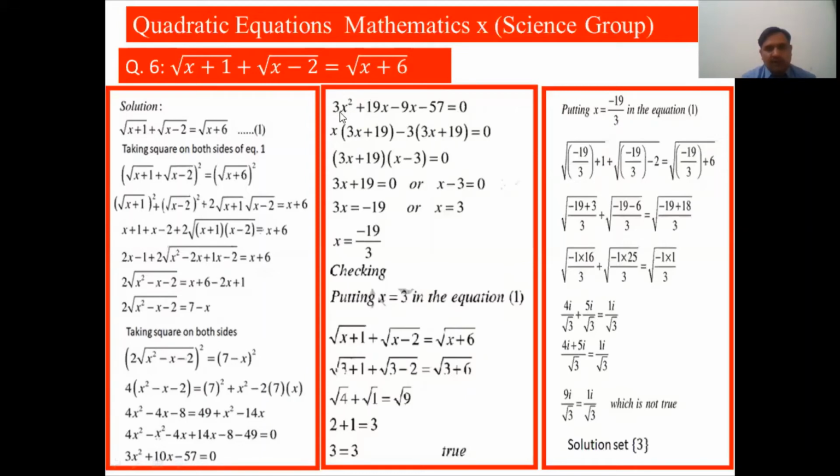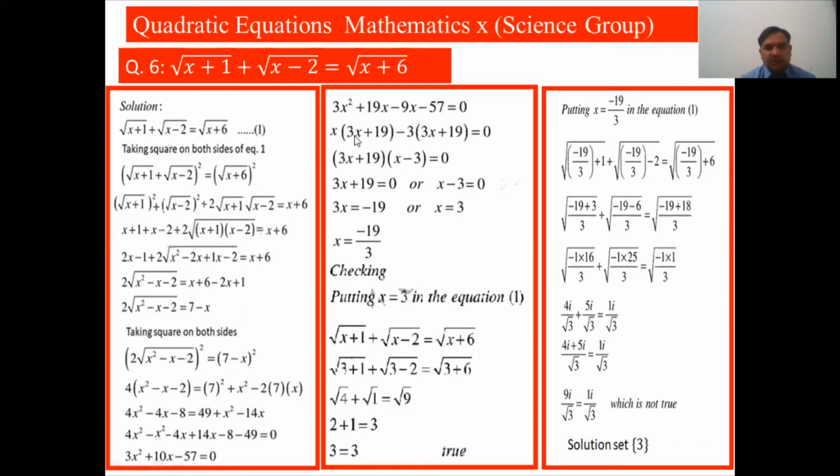So we can factorize this quadratic equation. After factorization, we have this type of expression: 3x square plus 19x minus 9x minus 57 is equal to 0. Here we can take x as common.